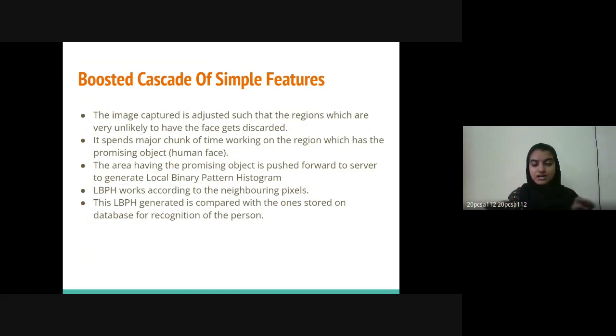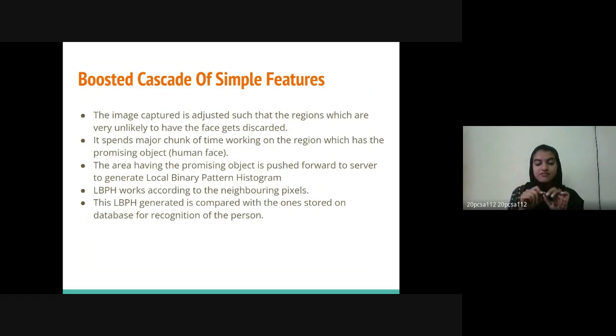It discarded them and just caught the main area of attention, that being the human face itself. It discarded those extra additions and took only the main point of focus, which is the human face. And with those pictures, it went on to apply the local binary pattern histogram. And in local binary pattern, what happens?